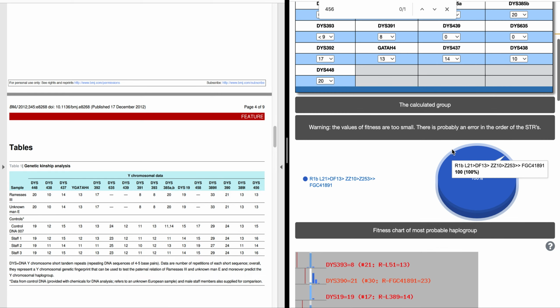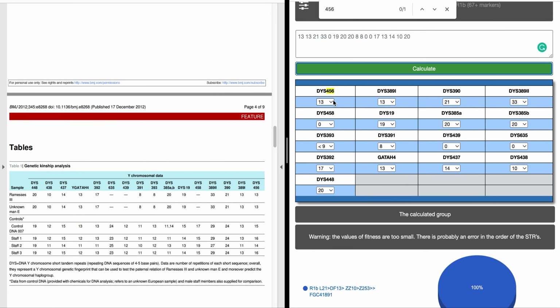So let's double check his markers to make sure they didn't fall out.